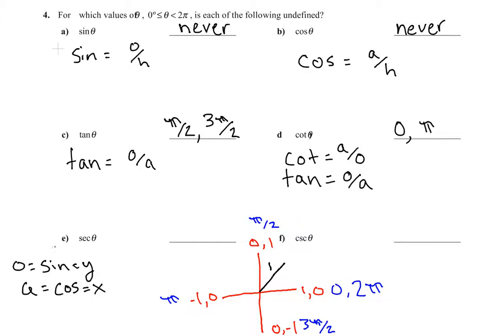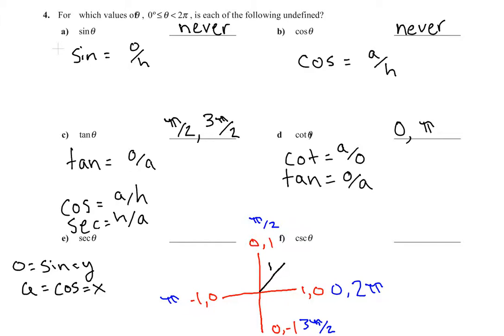Alright, now we're moving on to secant. What we know about secant is that cos is adjacent over hypotenuse, so secant, which is the opposite, is, you got it, hypotenuse over adjacent. So now what we're looking for is where our adjacent is going to be 0.